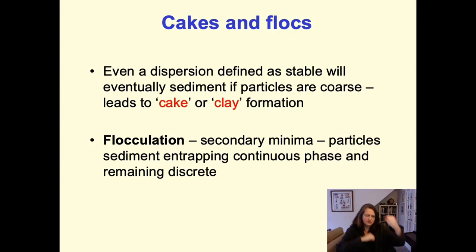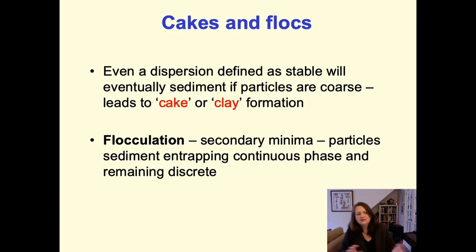Lots of these particles associating with each other loosely will sediment quite quickly because they're quite large, but will sediment trapping a lot of continuous phase with them because they are flocculated, so loosely associated with each other. And that means that when you redisperse them, when you shake the system, they do redisperse.